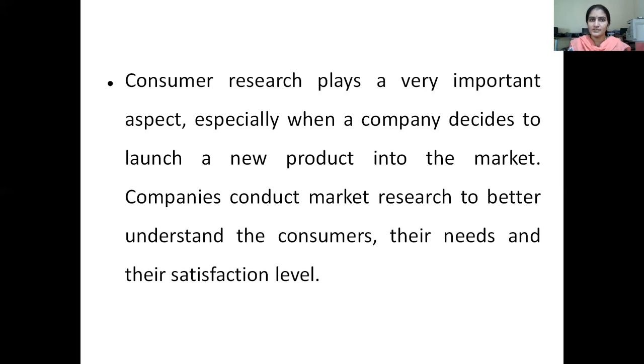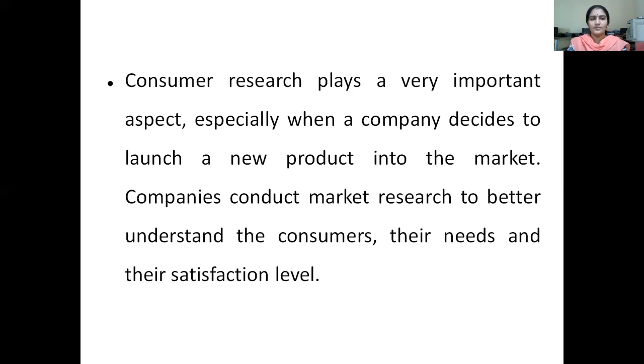It is not just about understanding the consumer and their behavior; consumer research plays a very important role when any company or person decides to launch a new product into the market. Before launching any new product, we should first understand the available market, the present market condition. To understand the present market condition, consumer research plays a very important role.